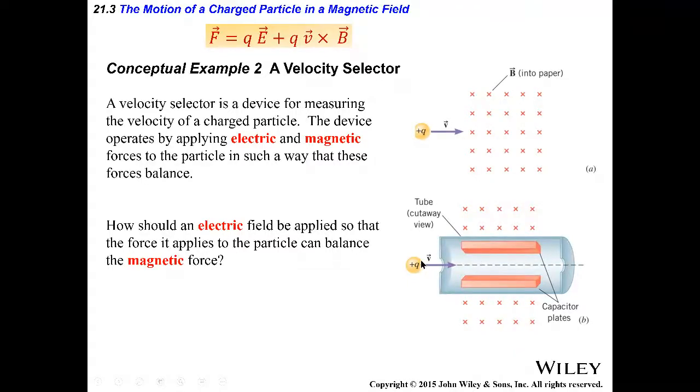So this is what they call a velocity selector. For a given V, I know what electric field strength I need in order to cancel it, so that the net force on this particular charge Q moving with this particular V would just go straight through.